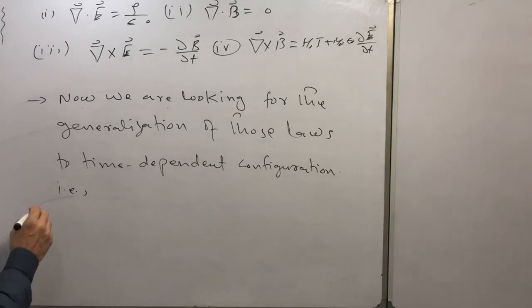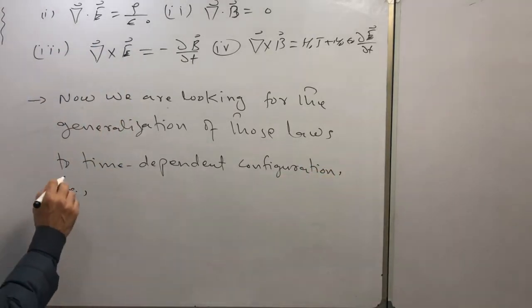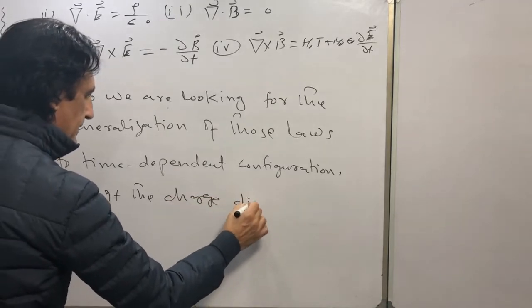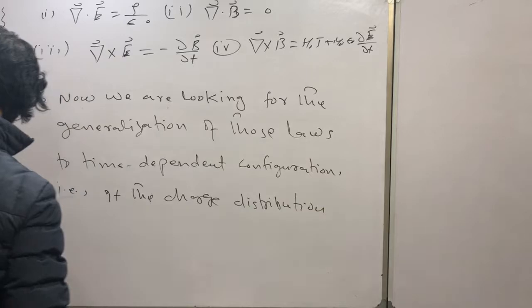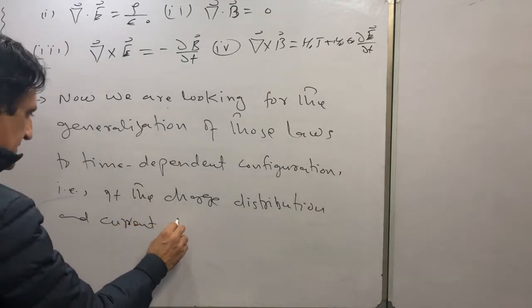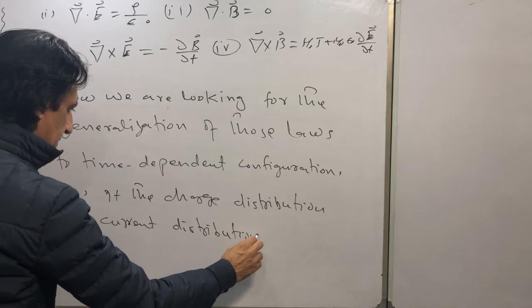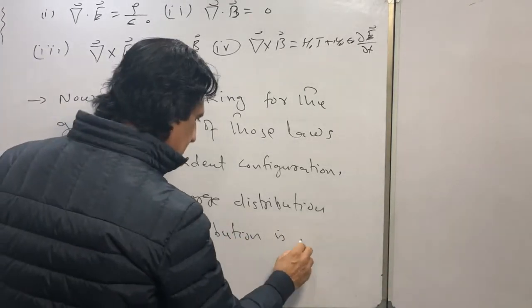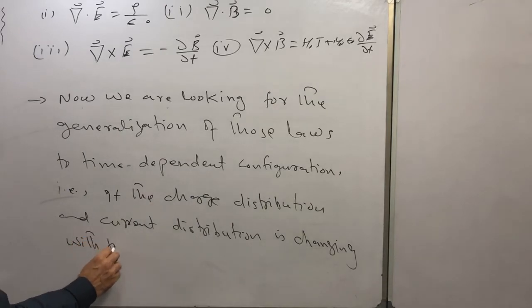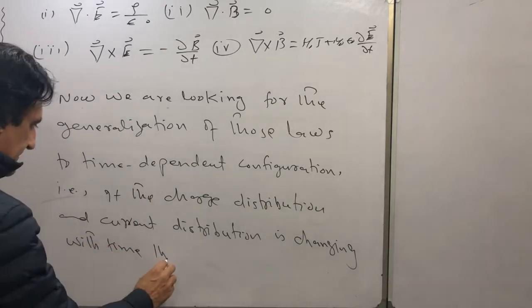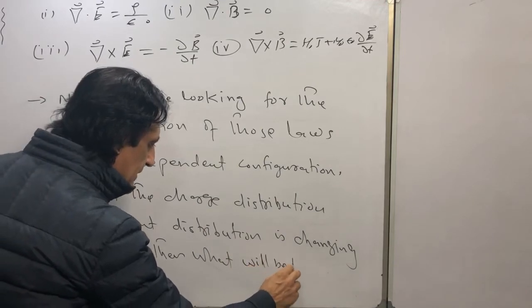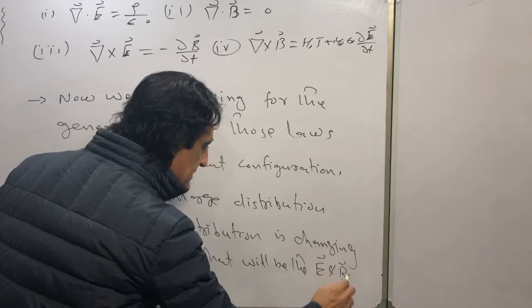If the charge distribution and current distribution is changing with time, then what will be the electric and magnetic field?